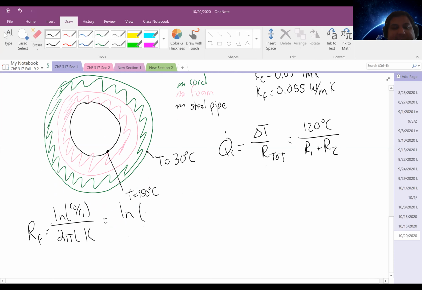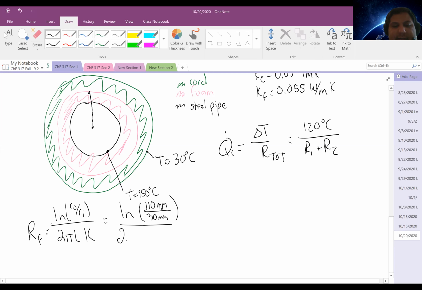The outer radius is this distance here, which is half of the diameter of the steel pipe, or 30 millimeters, plus the thickness of the foam, which was given as 50 millimeters, or 110 millimeters. The inner radius is simply the length to get to the outside of the steel pipe, or 30 millimeters.